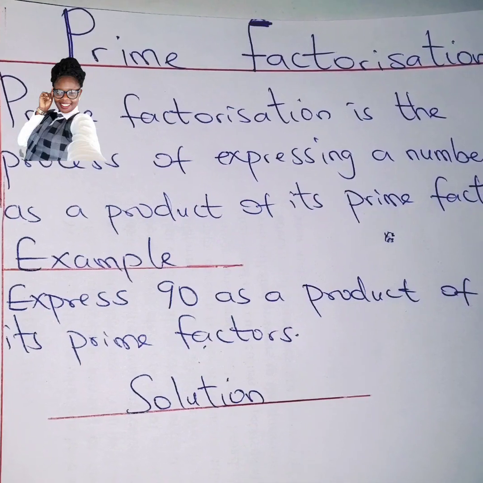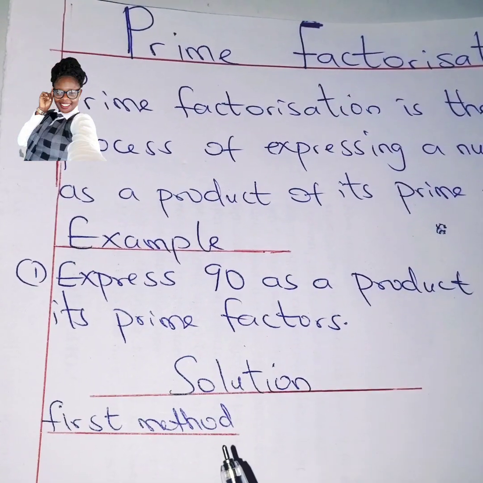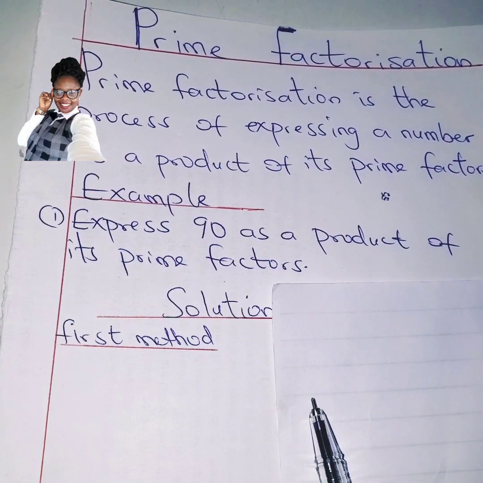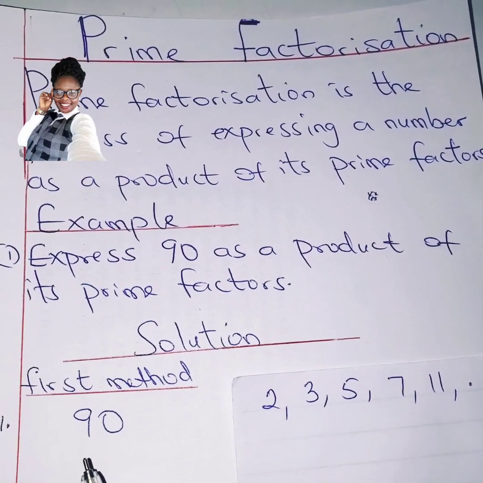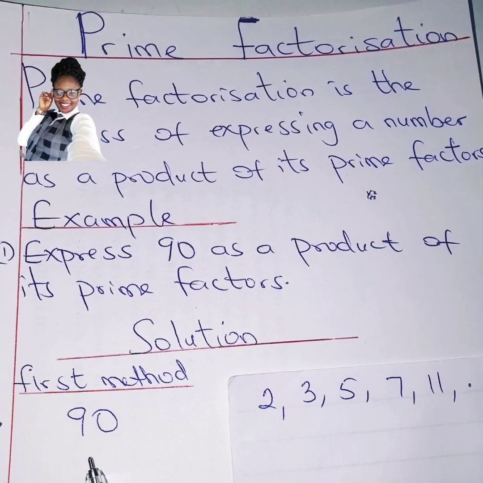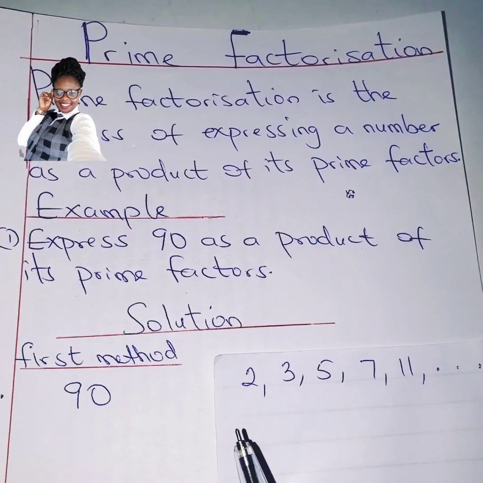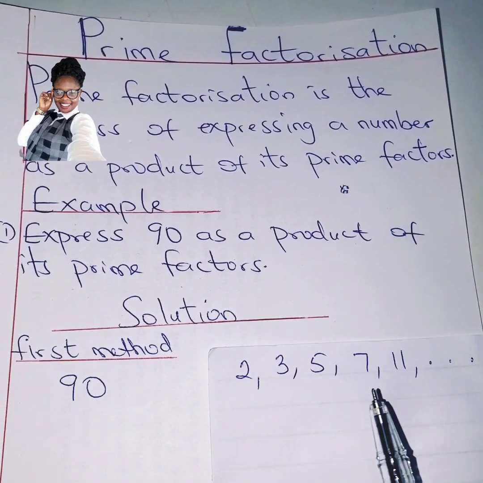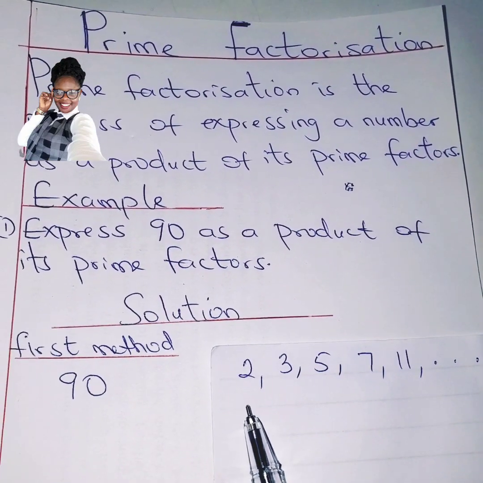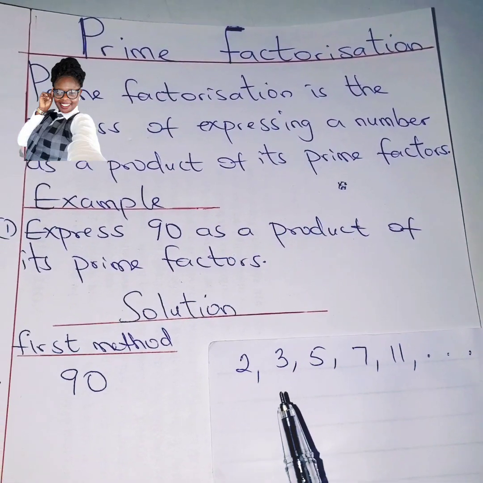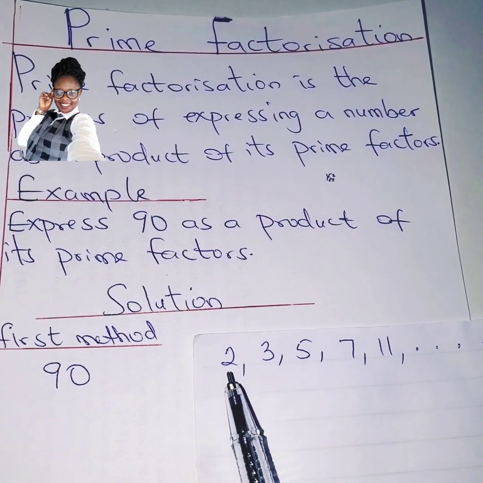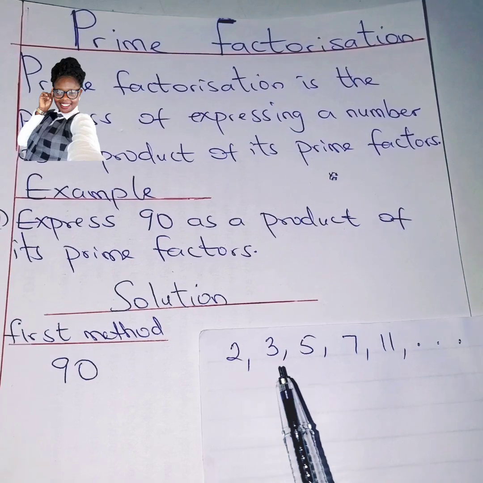For the first method, I will get an extra paper I can use to calculate and start dividing the given number, which is 90, by each of these prime numbers. These are prime numbers because they can only be divisible by themselves and 1.